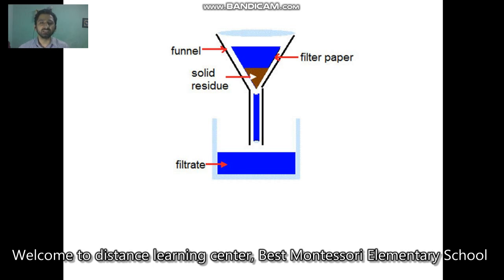That is called the filtrate, the clear liquid obtained after filtration. The residue is the solid particles that we obtain after filtration. Now, what type of mixture is suitable for separating with the process of filtration? That is the insoluble solid particles.